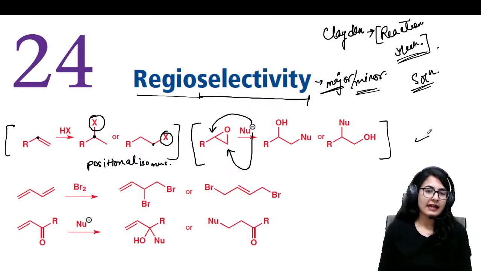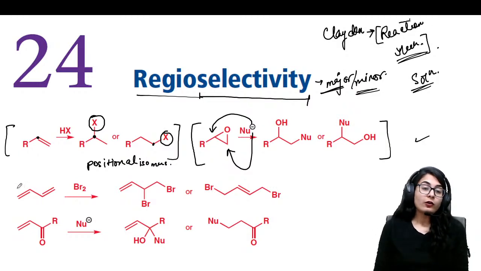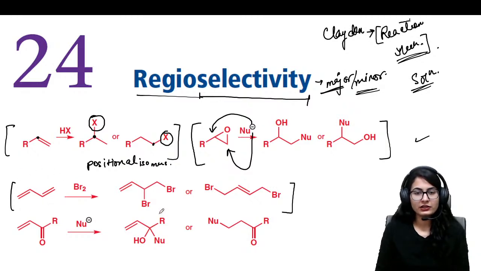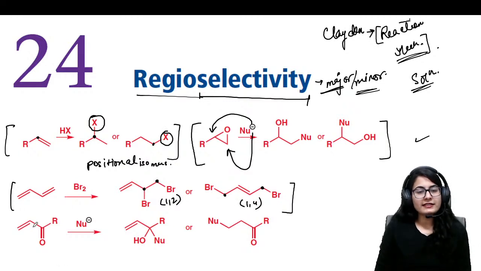We can also study a very popularly discussed addition of an electrophile to the diene. ये देखो diene के ऊपर कैसे addition होता है, and once again it gives you two products. This is one of the products, 1,2 addition, and this is another product, 1,4 addition. We call it 1,2 addition. This one we call 1,4 addition, isn't it?